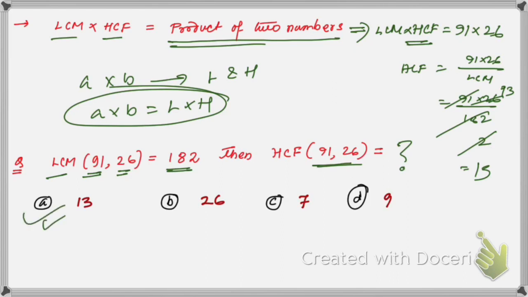Option A. That means if you have the two numbers, then take the product of the two numbers. If you need LCM, divide it by HCF, and if you need HCF, divide this product of the two numbers by the LCM, right?